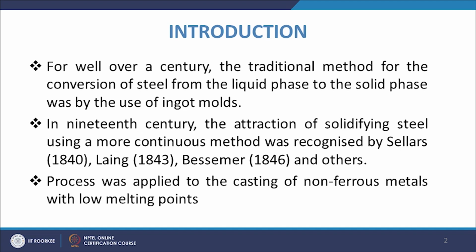They devised some means to do the solidification of steel in a continuous manner, and initially the process was applied to the casting of non-ferrous metals with low melting points, because of certain obvious reasons, like the temperature being higher in case of ferrous castings, and also the conductivity issues in case of ferrous materials. So, initially it was limited to the non-ferrous materials, especially the lighter ones.